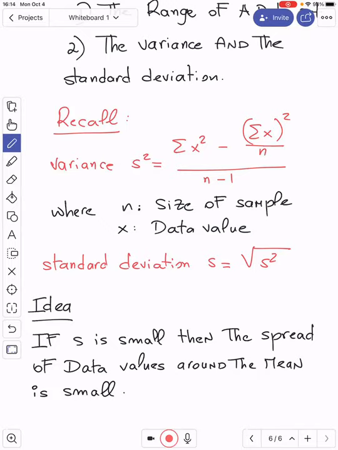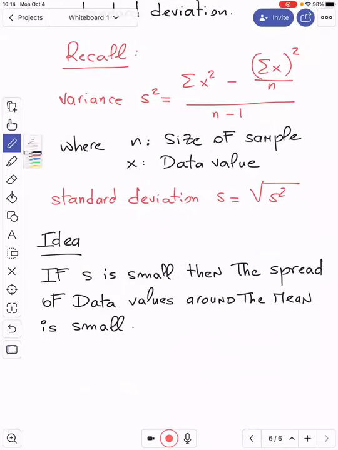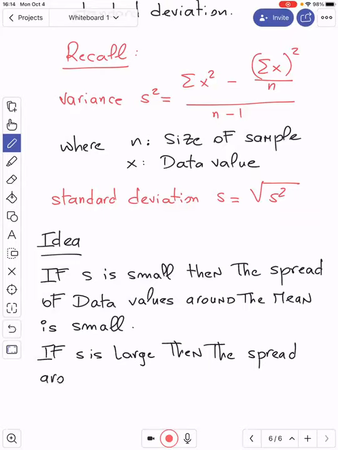And if S is large, then the difference between the mean and the data value in general is going to be large, so the spread around the mean is large.